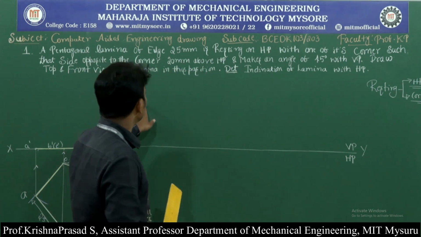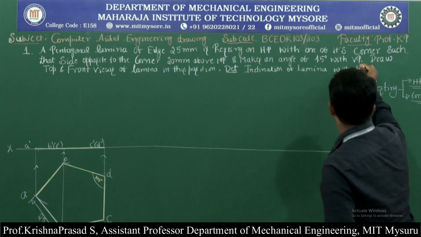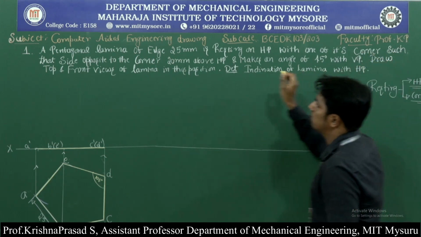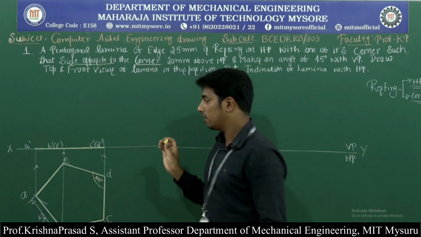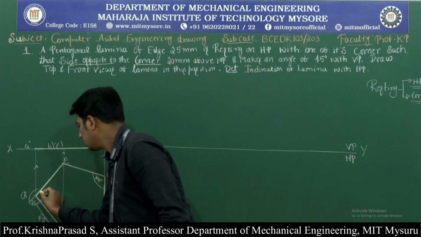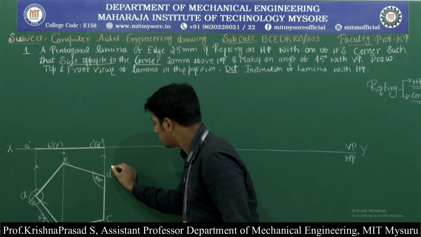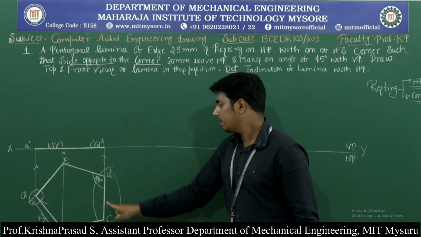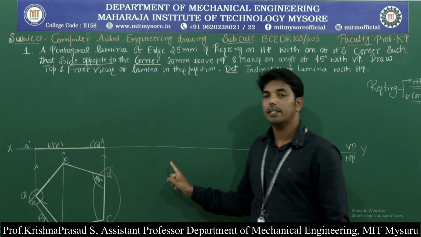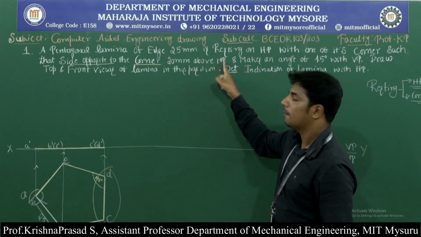Next, in the problem, observe the side opposite to the corner. What is the corner here? The corner is A, and the side opposite to the corner is B and C. The side opposite to the corner is 20 mm above HP.